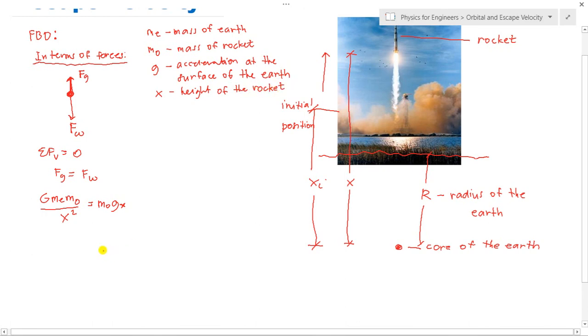Okay, so this is now the forces that interacts our rocket. Let's assume ng class.